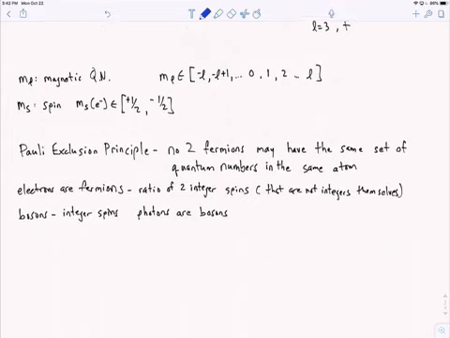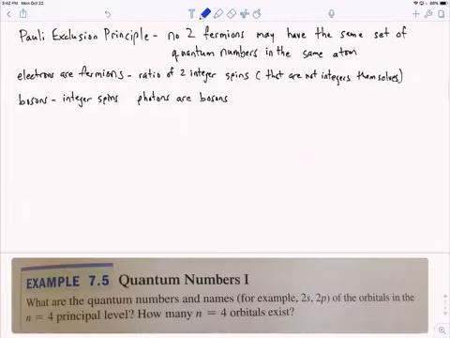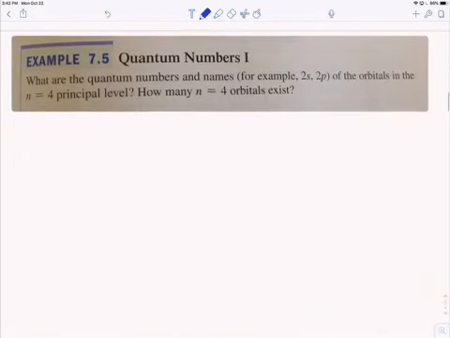And yeah, so let's look at some of the questions here. What are the quantum numbers and names of the orbitals in the n equals 4 principal quantum number level? How many n equals 4 orbitals exist? From the Bohr model, n squared equals the number of orbitals.